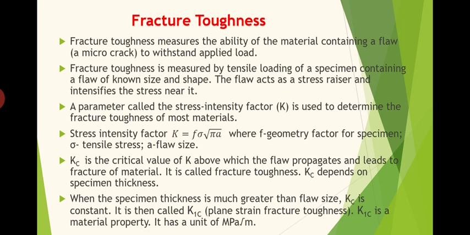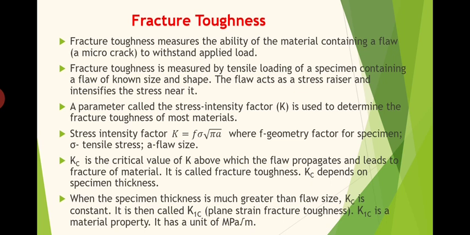See, actually if you go through this topic, you can see three types of K are defined. One is Kc, that is the critical value, and then K1C, K2C and K3C. So these three types of stress intensity factor values are defined. We will be talking about K1C only.